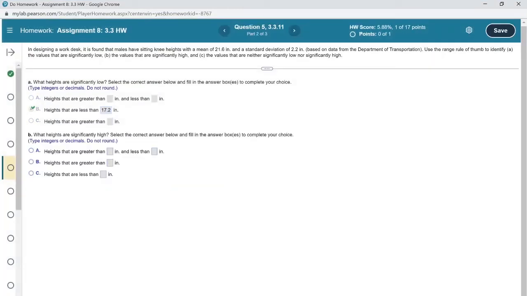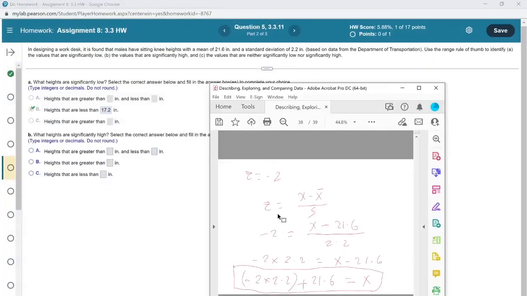For the second part you do the same thing, but instead of G-score -2 you use +2. So I'm going to change this negative to positive, because if the G-score is greater than 2, we say that data value is significantly high.